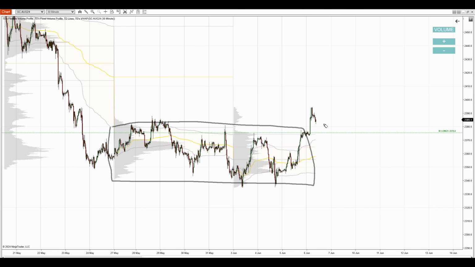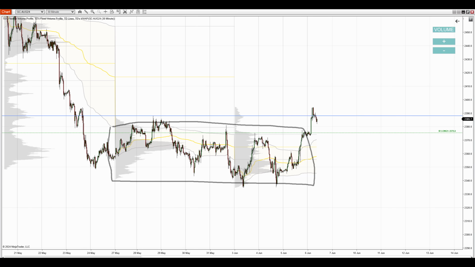Now the breakout of this rotation is not as clear yet, because first the price would need to move above this point, the highest point of that rotation. So the price needs to go past it and move above it.